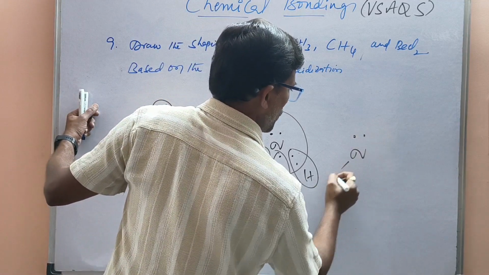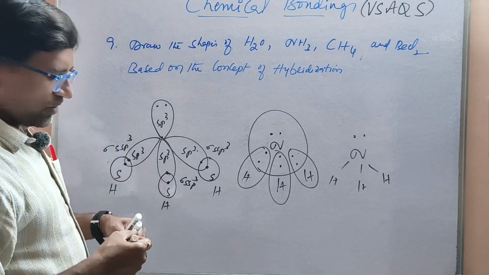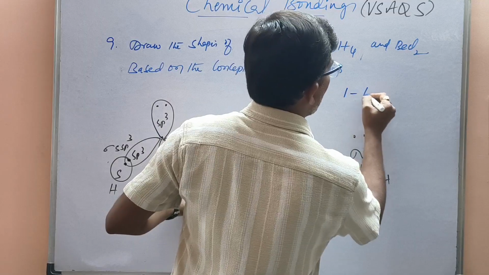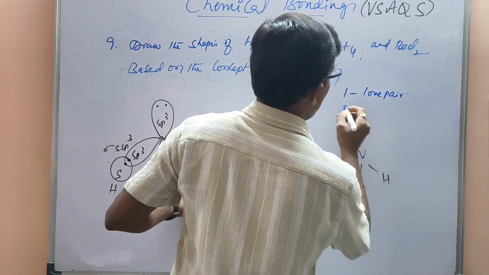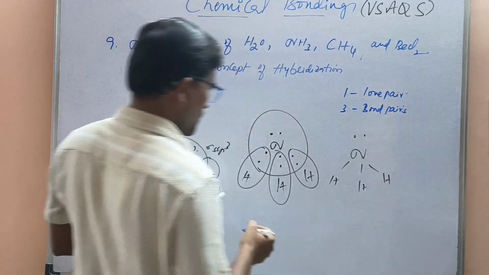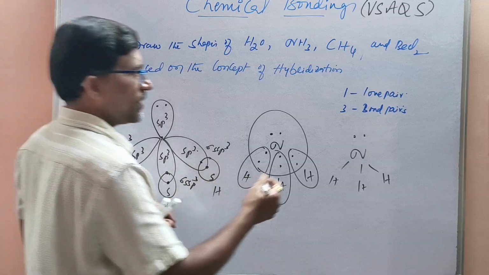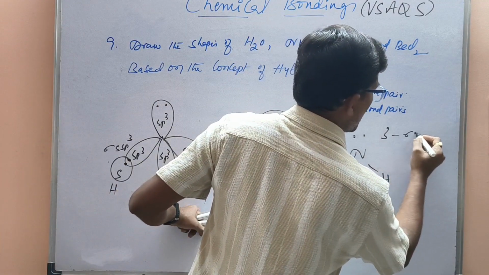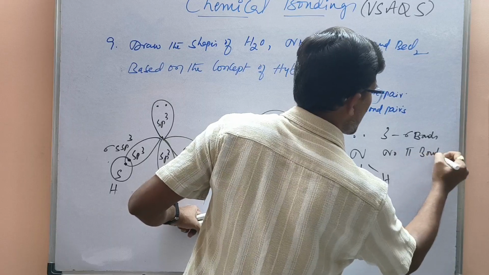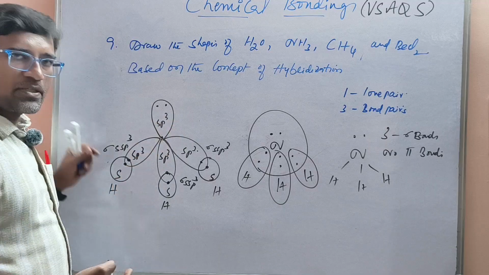Now very short form, if I write the structure clearly like this, in this case if you observe, one lone pair is there. How many lone pairs? One lone pair. 3 bond pairs. And how many sigma bonds are there? Sigma bond, sigma bond, sigma bond. 3 sigma bonds. And no pi bonds.